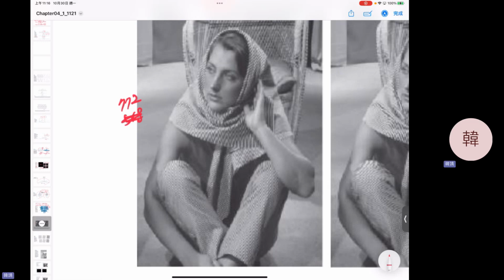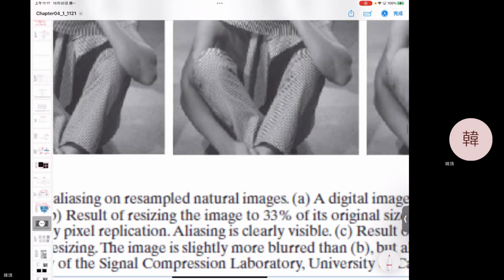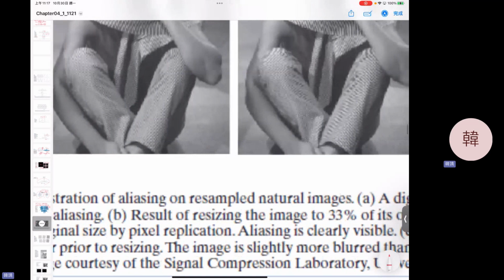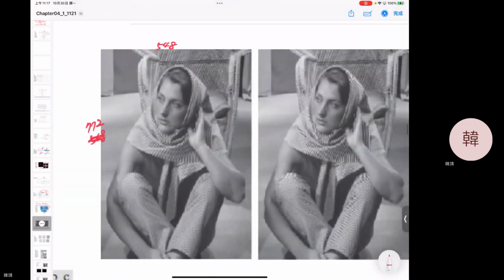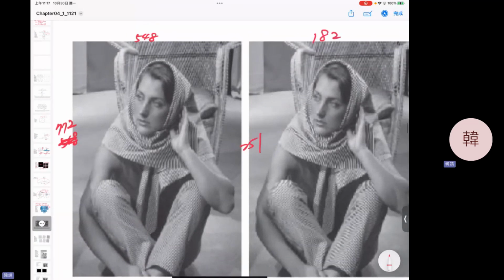So how does the aliasing happen, especially for this kind of repeated pattern in your image? So let's see this original image. But if we undersample this image again, with the same size but using 33% of the original one, it becomes 251 by 182.